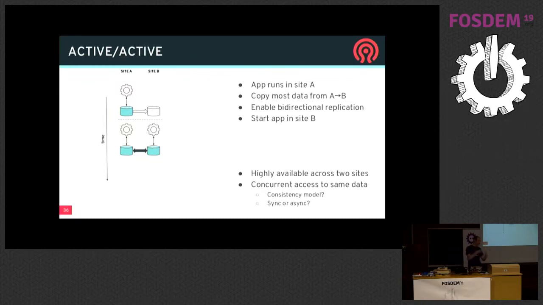How are you replicating the data across those two copies? Are you doing it synchronously or asynchronously? And what's the consistency model? If you have those two instances, if they're both trying to modify the data, what happens if they collide, or can they collide? So these are key questions you have to understand about your application behavior in order to do this sort of thing.